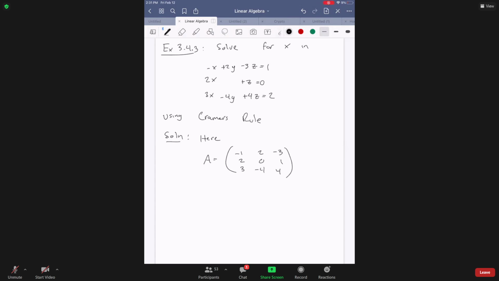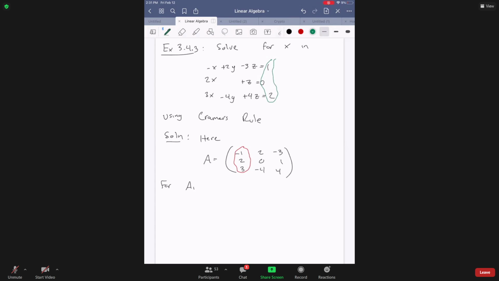For A1, you take the first column of this and replace it with a column made out of these constants. That will be A1. For example, for A2, you take the second column of A and replace it by those constants, and so on. That's what A1 through An mean.